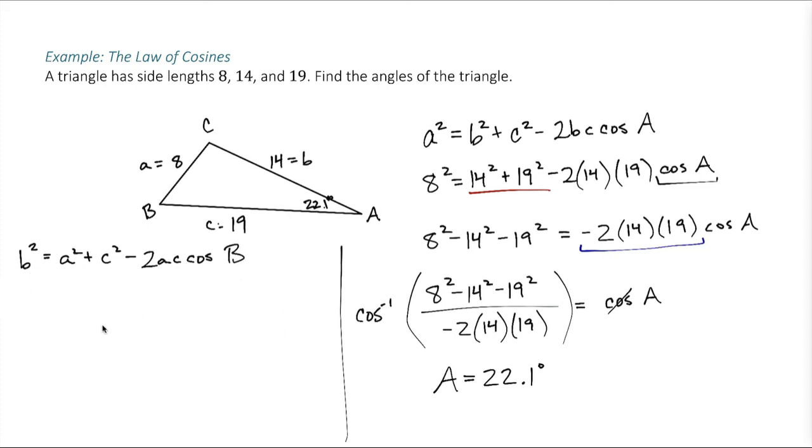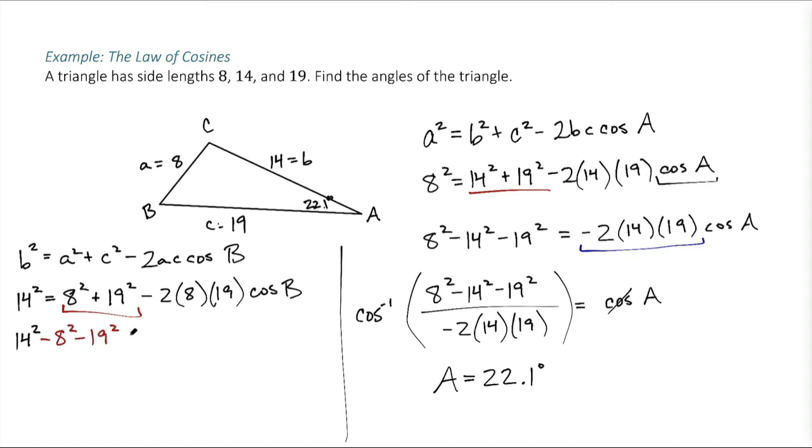And then we can plug in everything that we know. So B is 14. 14 squared equals A, 8 squared, plus C, 19 squared, minus 2 times A times C cosine of B. And now once again, we can solve for the cosine B here, just like we did over here, where we subtract these two numbers here. So we'd have 14 squared and then minus 8 squared minus 19 squared.